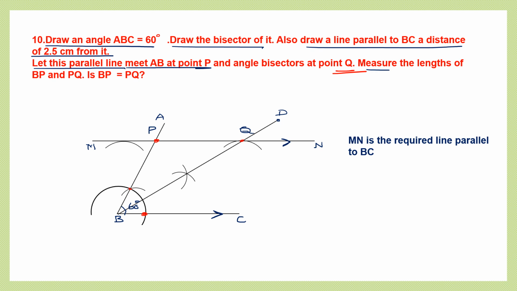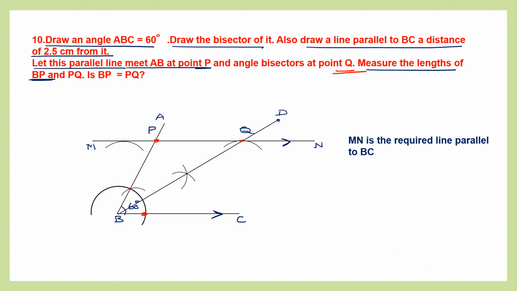Now the question is, measure the lengths of BP and PQ. Where is BP? We have B here and P here. We have to measure the length of BP and PQ, and we are asked, is BP equal to PQ?